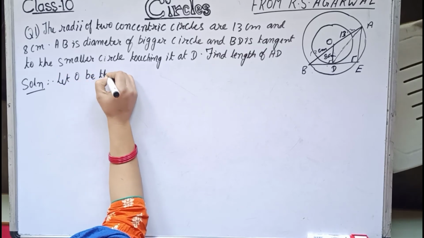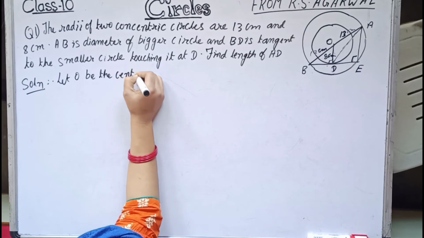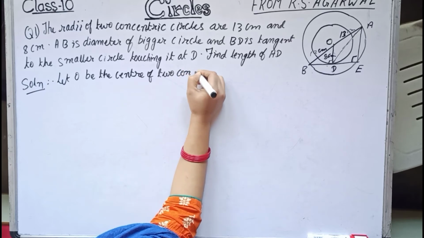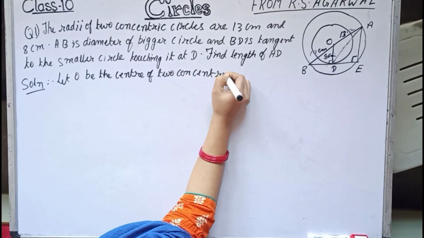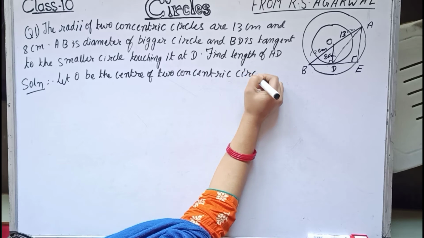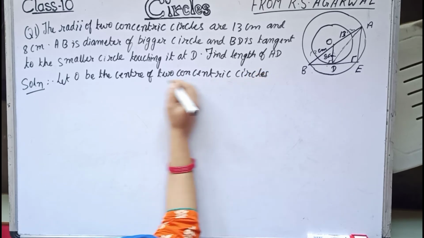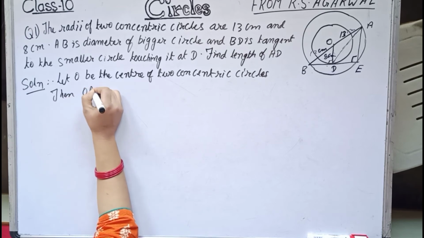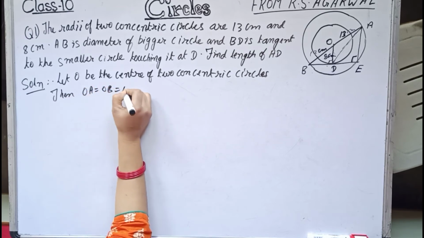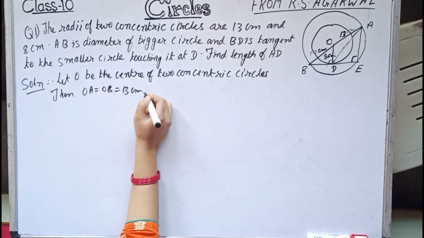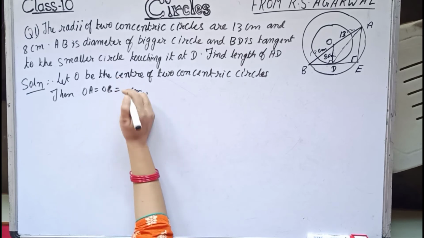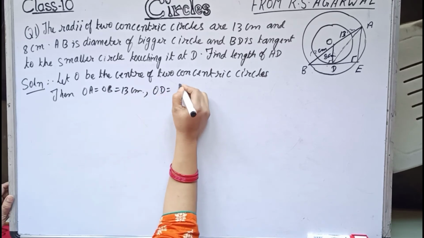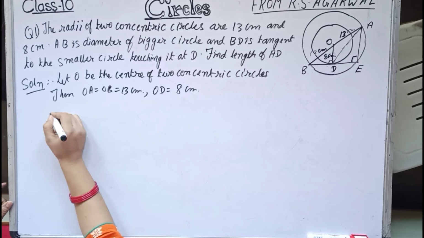Let O be the center of two concentric circles, then OA equals to OB equals to 13 centimeter, OD equals to radius of the smaller circle equals to 8 centimeter.